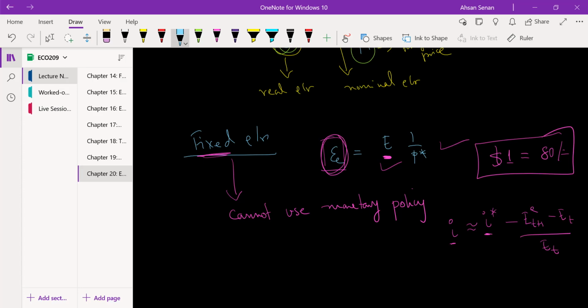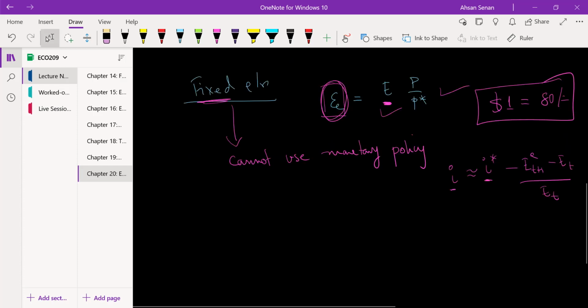We cannot change that. But in the medium run, when prices can adjust, the exchange rate can change. So the takeaway that you need to have from here is, hold on, let me write this down.